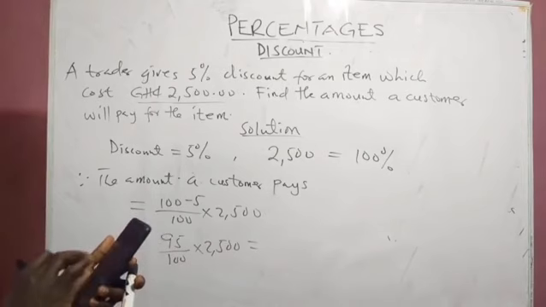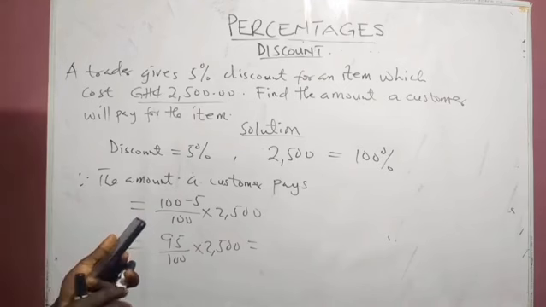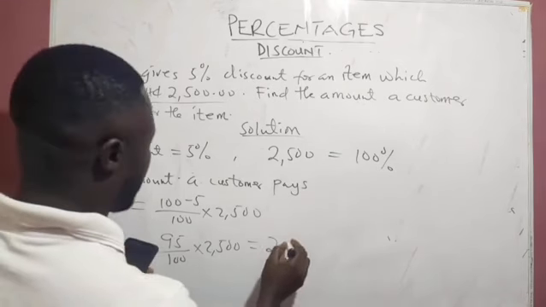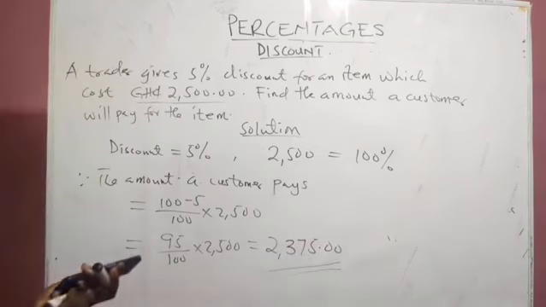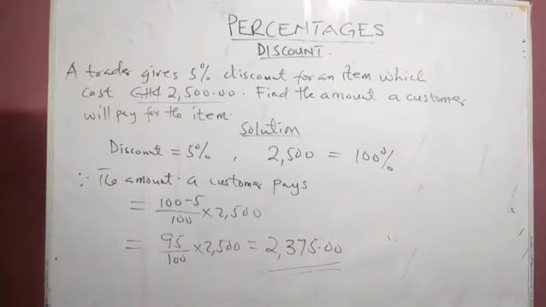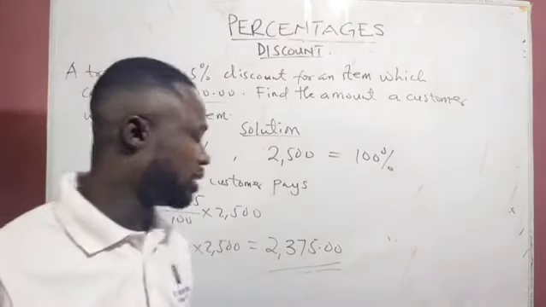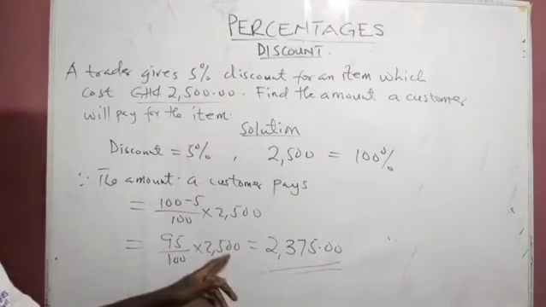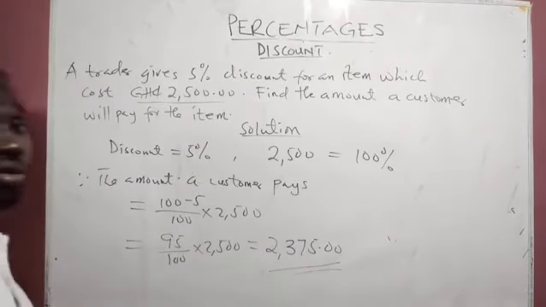So let's calculate that. 95 over 100 times 2,500, and that will give us 2,375. So any customer who buys an item which costs 2,500 and is given a discount of 5% will pay 2,375. No longer 2,500, because there has been a reduction of what? In the price.